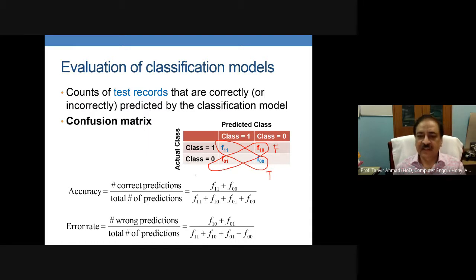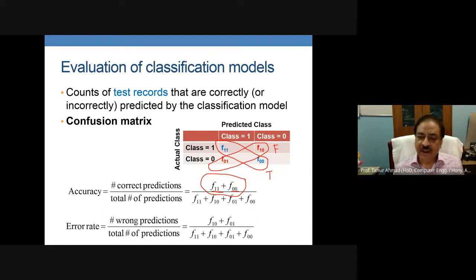The numerator will always have the diagonal values, F11, F00, F22, and so on, whereas in the denominator you will have everything. That is called the accuracy.